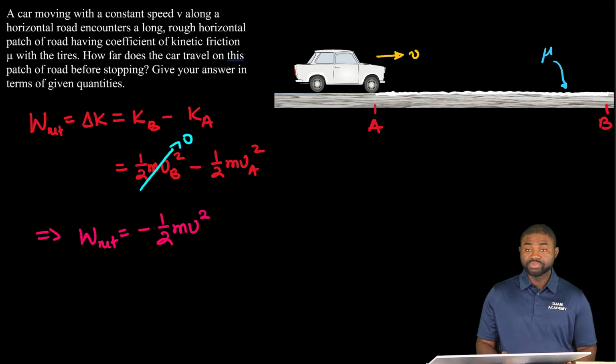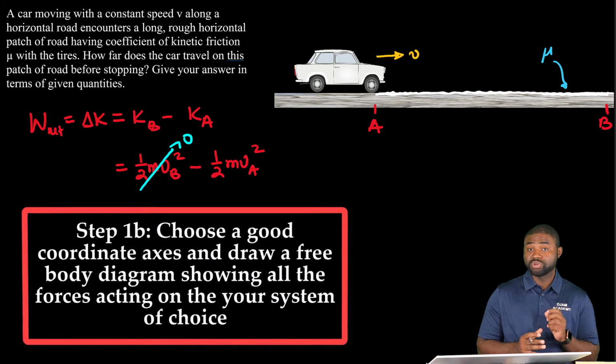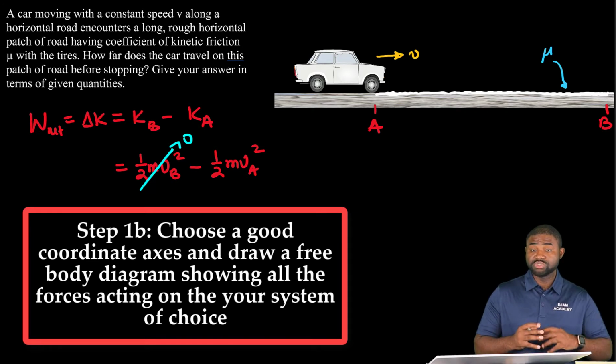So step 2 is for us to calculate the net work done on the object. In order for us to calculate the net work done on the object, we need to know the forces acting on the object. To know the forces acting on the object, my recommendation for you is to draw a free body diagram. A free body diagram is a diagram that shows us the forces acting on the car.